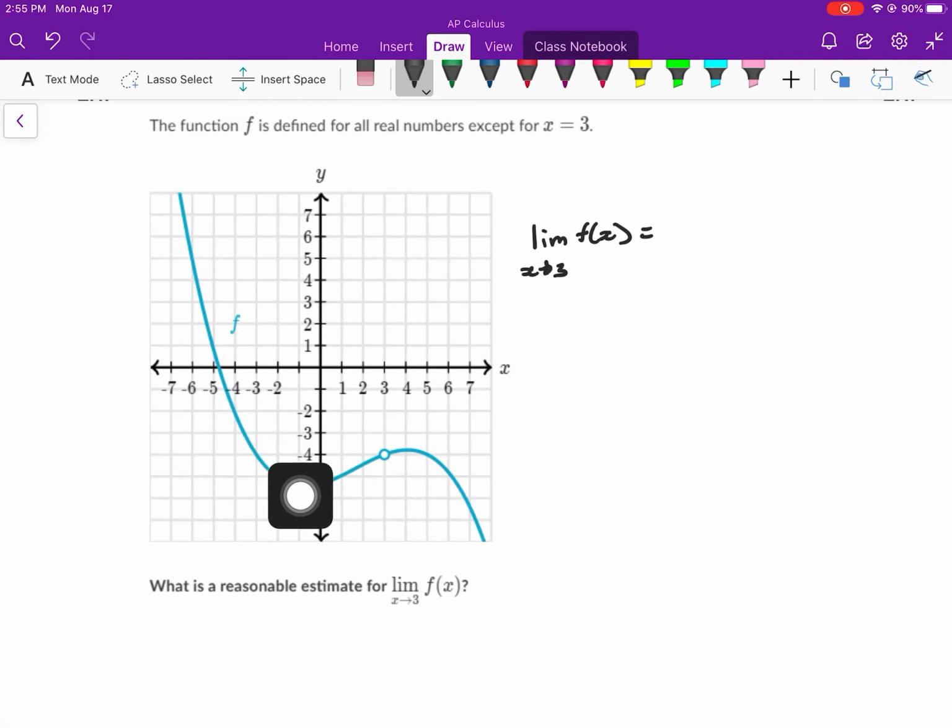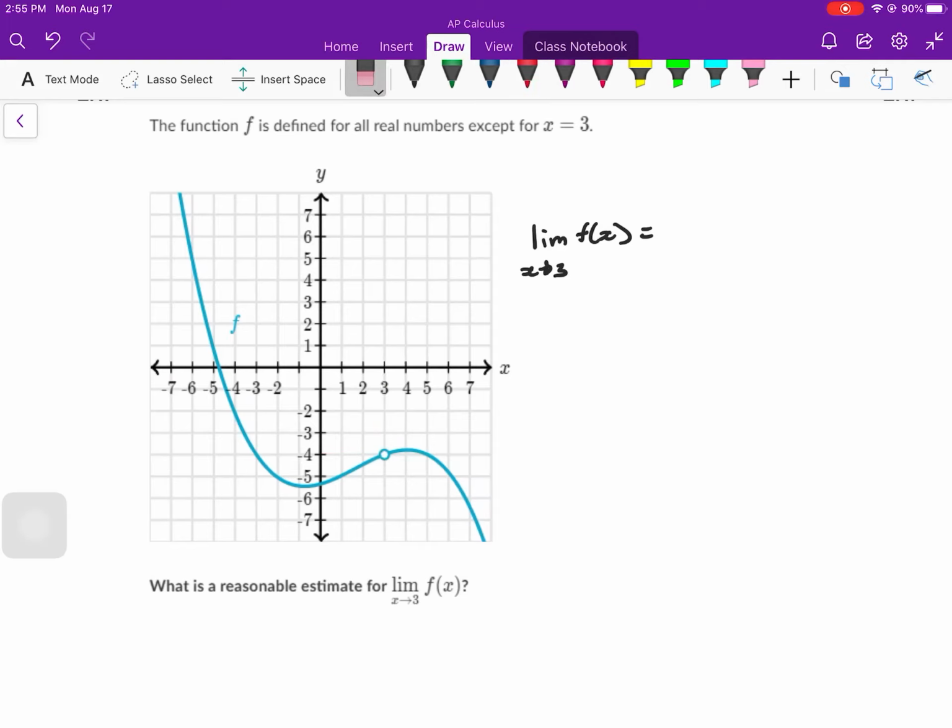But it's basically this function exists everywhere, but right here at this particular point, it doesn't exist. It exists for all values. 2.999 would be like right there. 2.999999999 is like right there. So all the values really close to 3 exist, just not at that particular spot of 3, not right here when x is 3. At that spot, our function doesn't exist. It should be -4, but it's not. It's been removed.